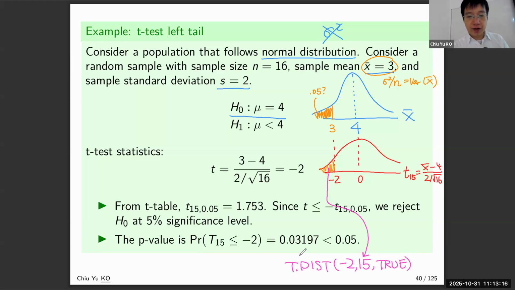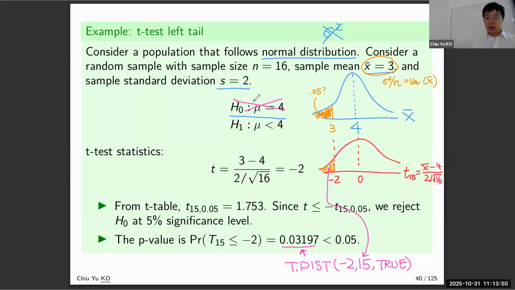The Excel function will give you 3% again. And since we are using 5% to reject, so that is our model. Of course, if you use 1%, you can't reject. 10% you can reject. So it depends on how big your type 1 error wants to be. So in this case, we would say no to null. Bye-bye.